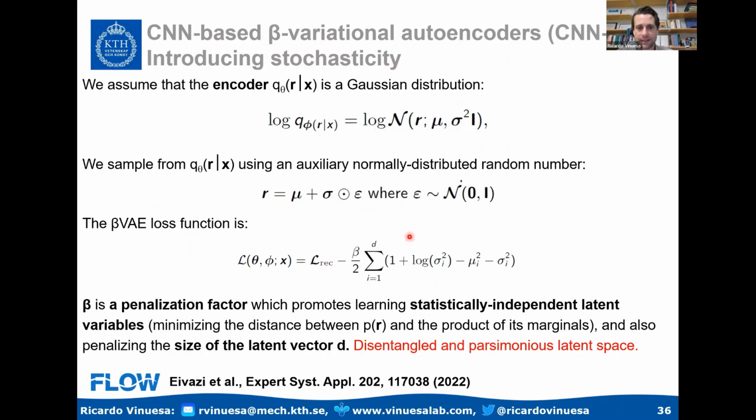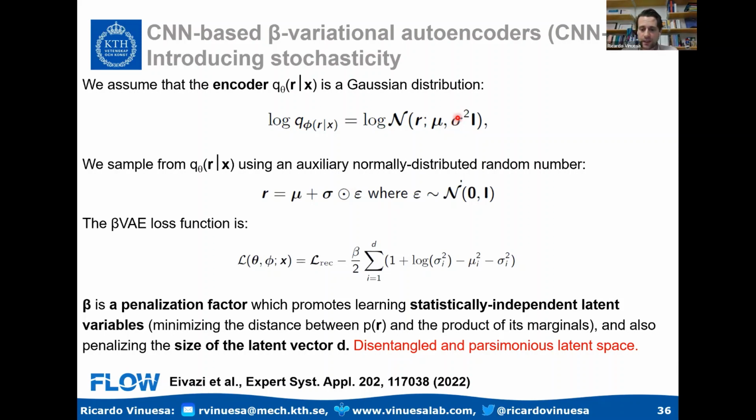So this term on the right with a hyperparameter beta is allowing me to learn statistically independent variables in the latent space by minimizing the distance between P of R and the product of its marginals. Now, this is interesting because it allows me to do two things. I can learn a latent space representation which is disentangled, first of all, because of the statistical independence, and parsimonious because this promotes many of these latent variables to be zero. And that's a little bit the context of what I want to do.